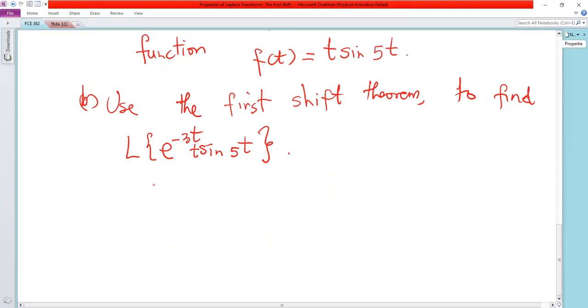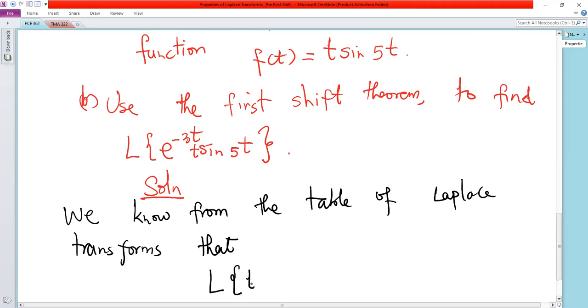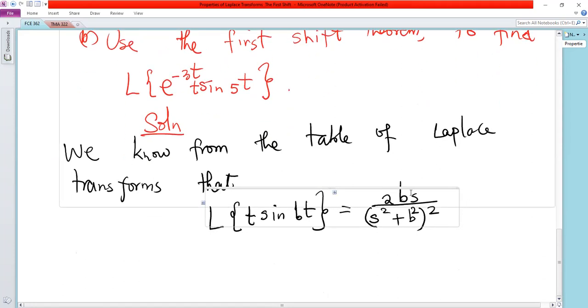Solution, part A. We know that the Laplace transform of a function t times sine of bt, where b is a constant, is given by 2bs over s squared plus b squared, squared. So this is the result from the Laplace transform tables.